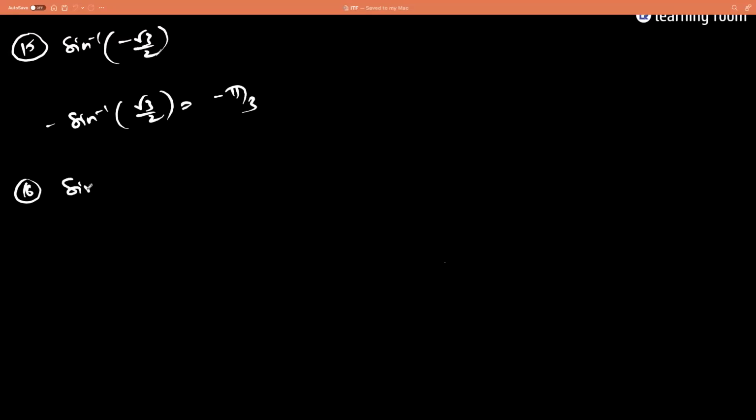Domain of sine inverse x minus secant inverse x. It's a good problem. So for sine inverse x, what is the domain? Closed interval -1 to 1. So x belongs to -1 to 1. For secant inverse x, what is the domain?